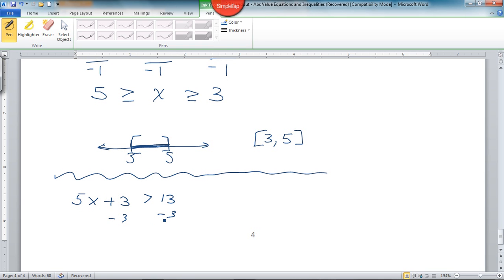Subtract 3, 5x greater than 10, divided by 5, x is greater than 2. I only have to do this special two-part or three-part inequality if I have an absolute value to start with. If I just have a regular linear inequality, you just solve it. But absolute value, that's when you use those guidelines that we talked about earlier.